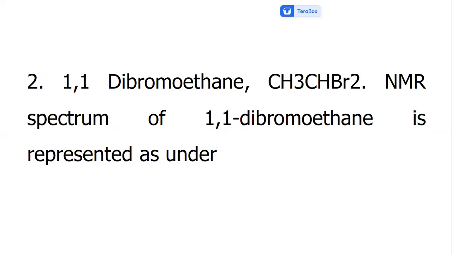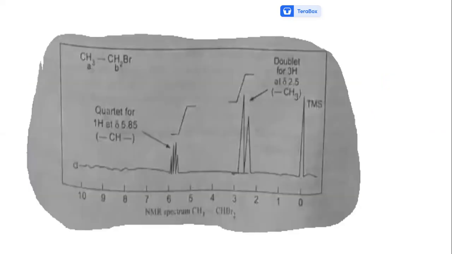1,1-dibromoethane, CH3CHBr2. The NMR spectrum of 1,1-dibromoethane is represented as under: quartet, 1 hydrogen, delta value 5.85, doublet for 3 hydrogen, delta value 2.5.